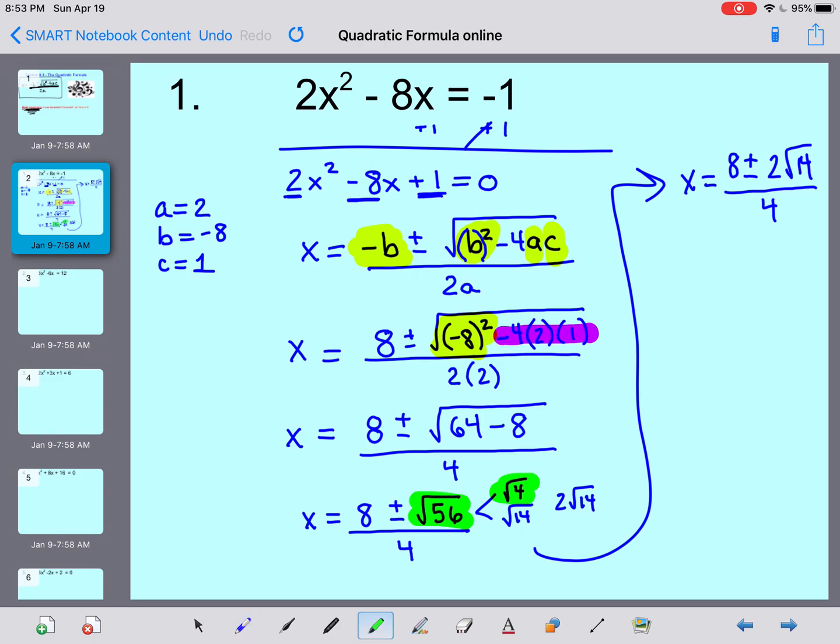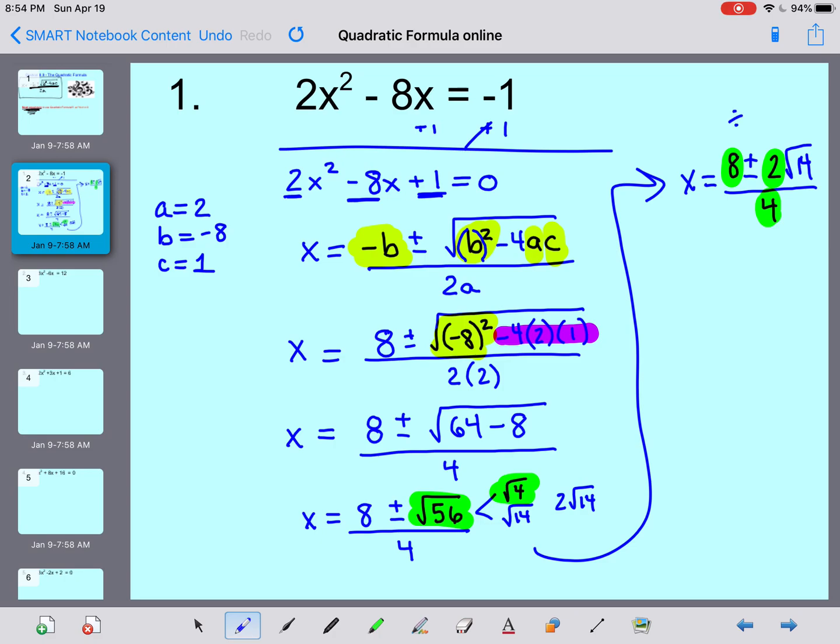That last step is you can simplify and divide the 4 only if all the outside numbers are divisible by the same thing. So if all these 3 green things are all divisible by something, you can divide all 3 of those green numbers by something, not the radical, okay? So it always has to be these 3 green spots. So what are these 3 green spots all divisible by? They're all divisible by 2.